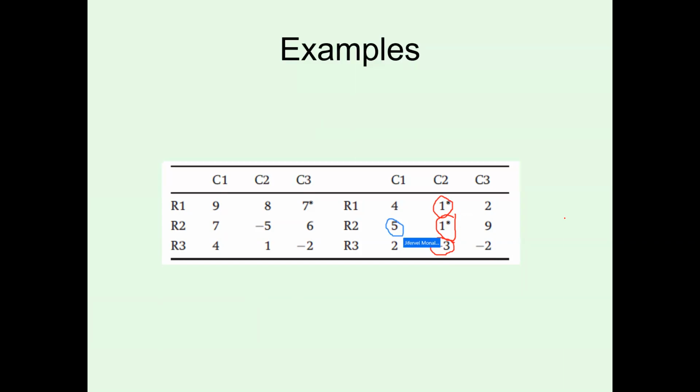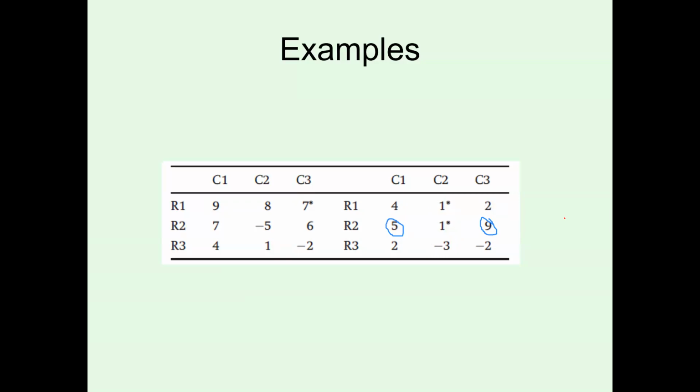Then in C2 it is also 1. Then in C3 it is 9. So our equilibrium points are two: the 1 at R1 C2 or R2 C2. Okay, good.